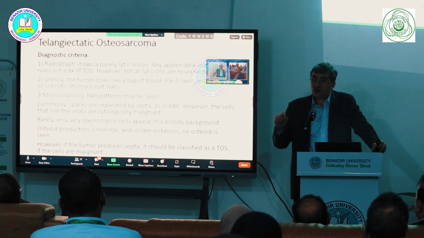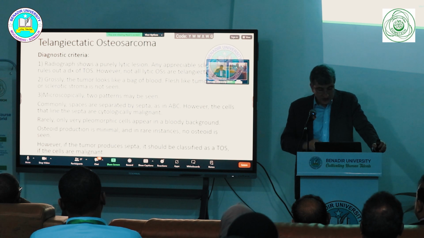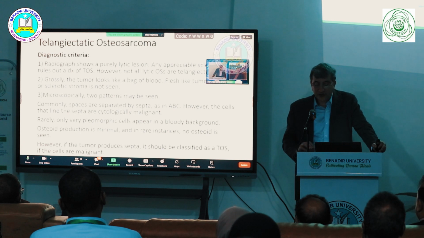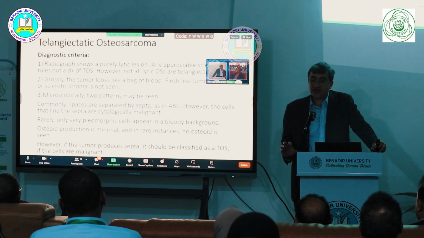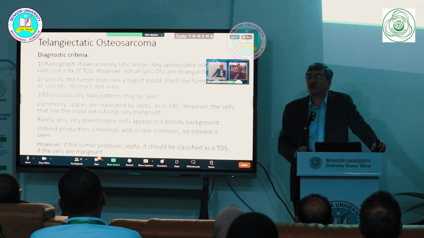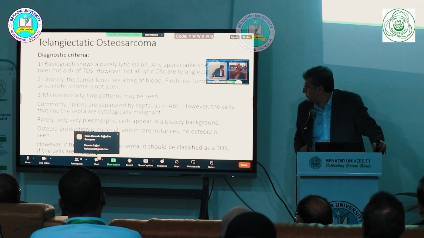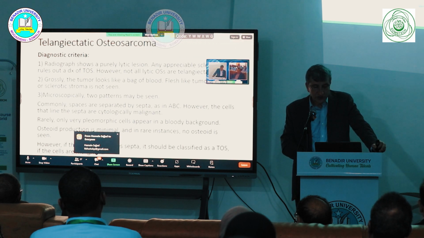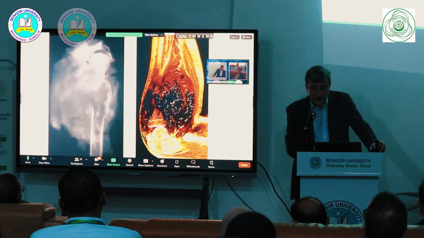So it looks like ABC, but in the septa there are atypical cells, and plus there are giant cells. Sometimes you see only pleomorphic cells in a bloody background. Osteoid matrix is minimal, or in rare instances no osteoid is seen. But when this telangiectatic osteosarcoma metastasizes, it produces osteoid matrix. So in textbook images, it looks like a bag of blood.